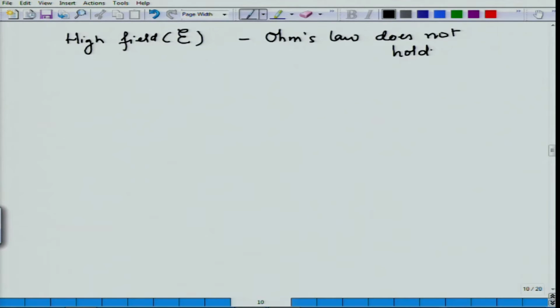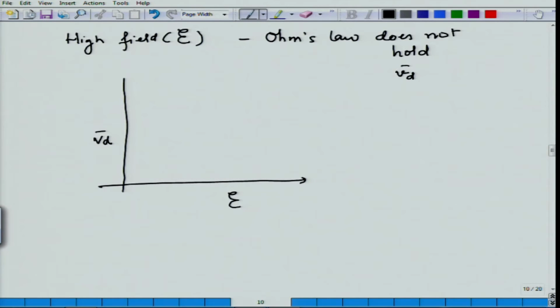Which means, if I plot the drift velocity in a semiconductor, let us say silicon, as a function of electric field, then from my earlier discussion, the drift velocity is nothing but mobility times the electric field, and that is expected to be linear in nature.